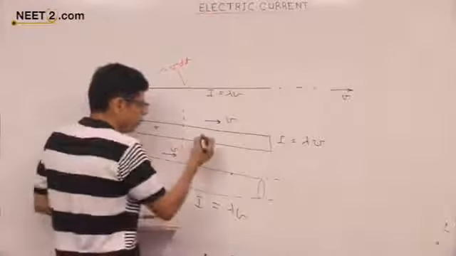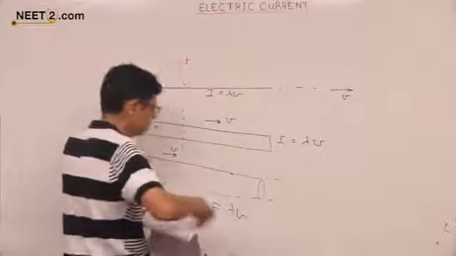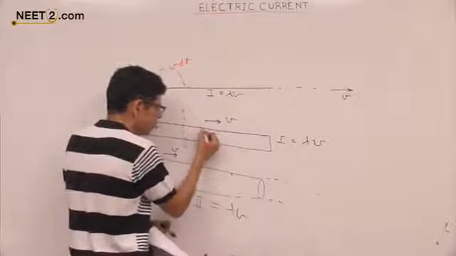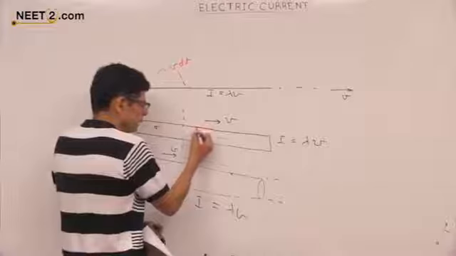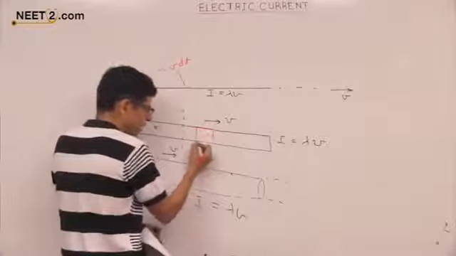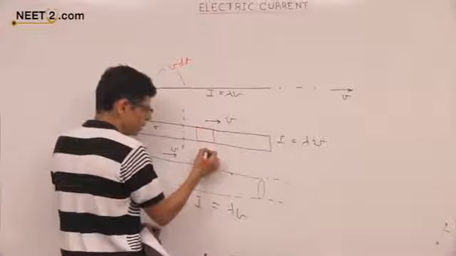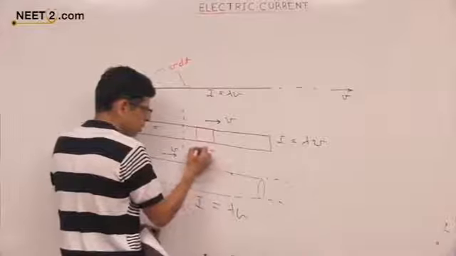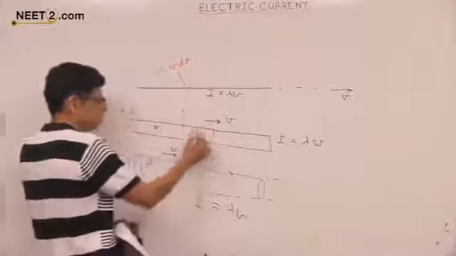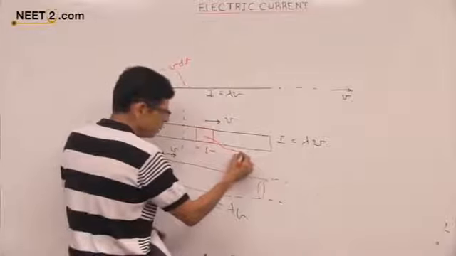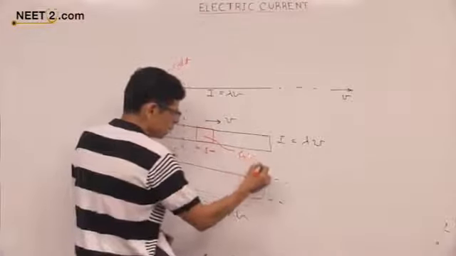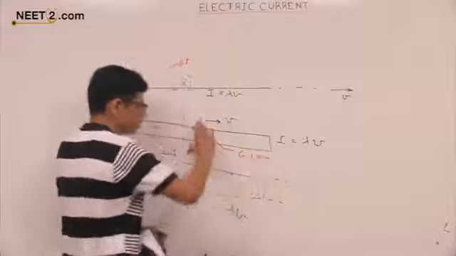Well, if you take 1 unit length here, like this, then whatever is the charge within this is 1 unit length, and the width is b. So the area of this is b into 1, and so the charge on this is b into 1 into sigma.